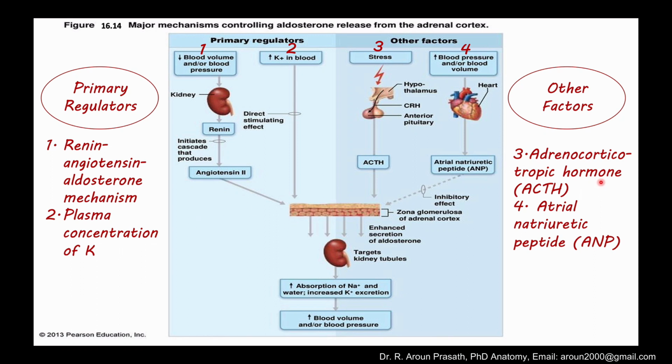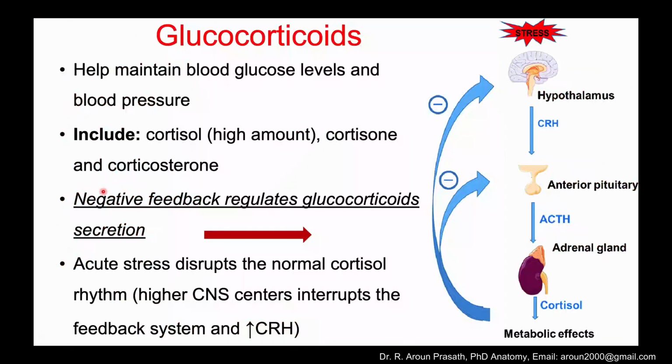Then adrenocorticotropic hormone released from the pituitary gland also makes the adrenal cortex produce aldosterone. Then atrial natriuretic peptide level also affects it. So at the end of the day, these are the four methods which make the adrenal gland secrete aldosterone, which acts on the kidney and helps maintain the sodium and potassium level and the blood volume.